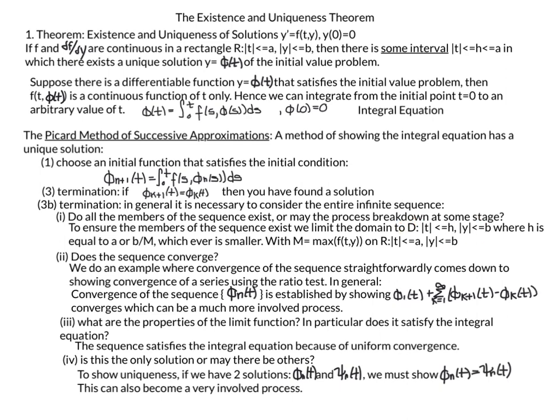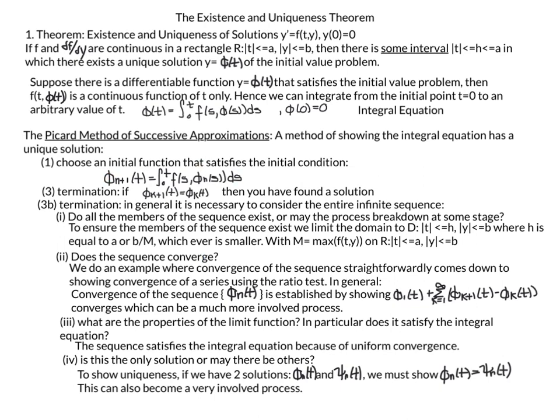In particular, we limit t so that it's less than or equal to h, and y less than or equal to b, where h is equal to the smaller of a or b over M, where M is the maximum that our derivative can be on this rectangle. So we take our maximum value M, form b over M, and then choose either a or b over M, whichever is smaller, to limit our t. That will ensure that the sequence exists, that we can keep computing these.